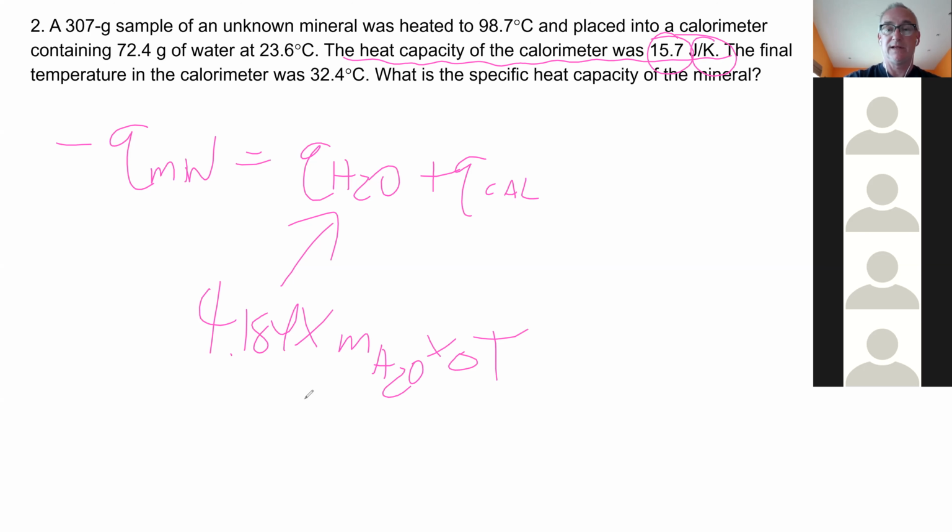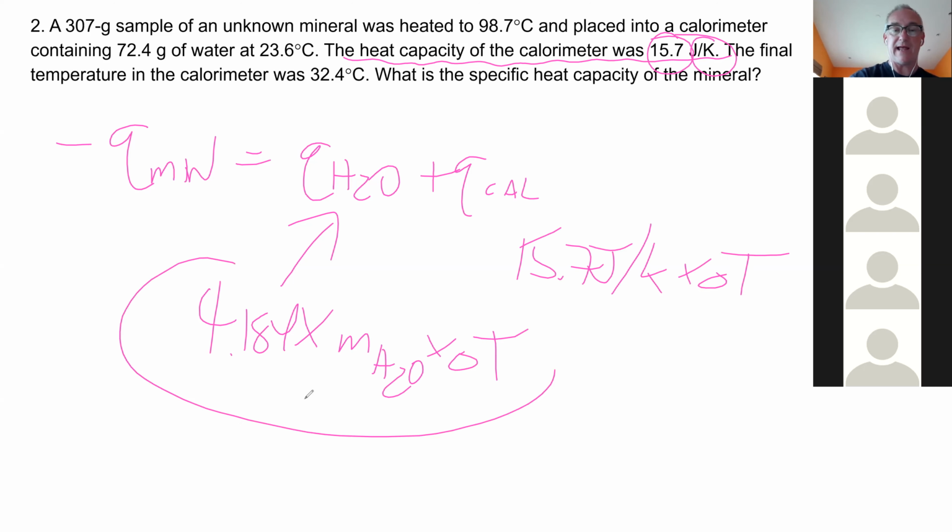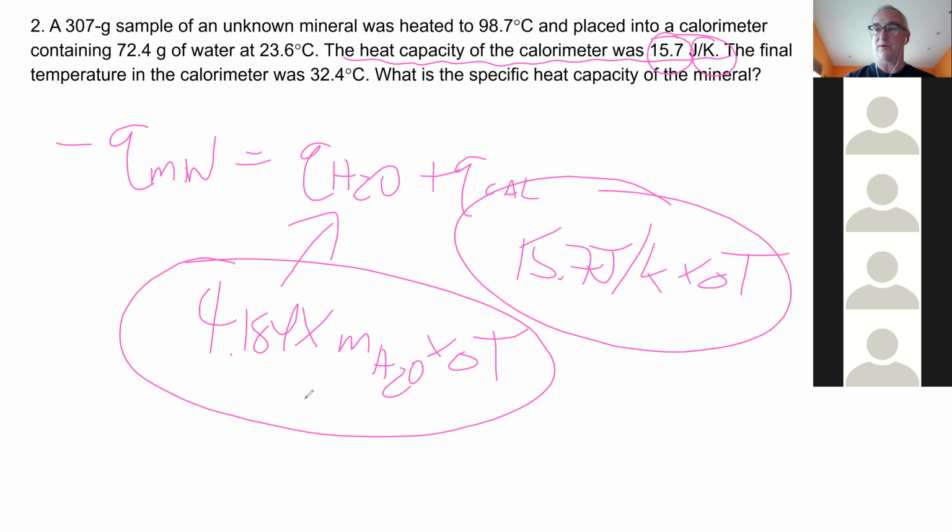Well, it's 15.7 joules per Kelvin times delta T. You add these two together, and that's going to equal Q of the mineral, okay? It's just one more step. It's exactly the same as the other questions, but there's a little bit of heat that goes into the calorimeter, and we have to account for that.